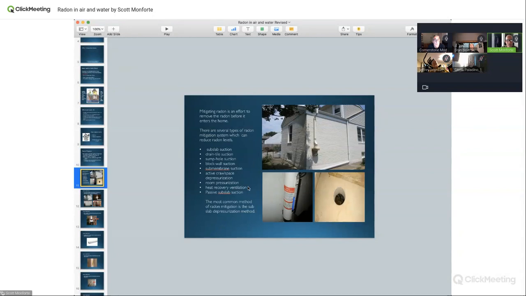There is drain tile suction, where here's the problem with new construction in Connecticut. Or in the United States, as of 2016, all new construction is required to have a passive system. Now, I've been fortunate that I've worked with a bunch of builders that have let me do their system from the beginning to when I make it active.